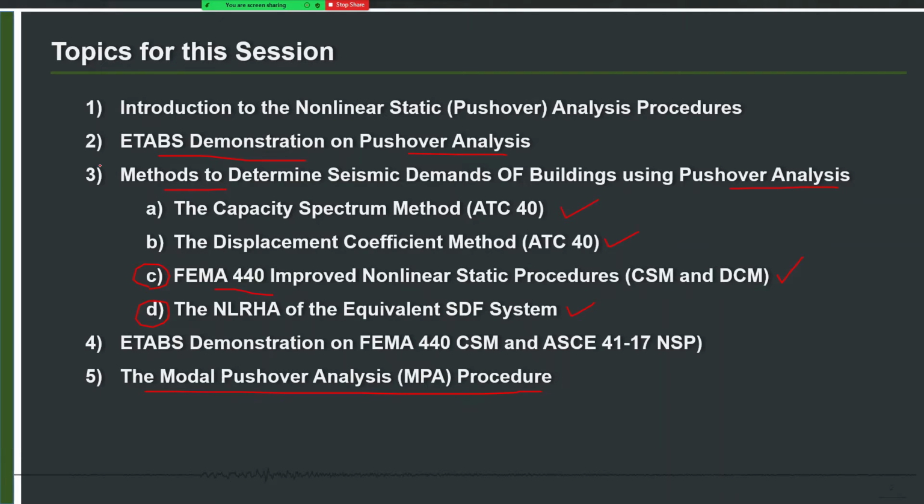So topic 3 will be primarily based on the conventional first mode shape pushover methods, but topic 5 will actually be the multi-mode pushover analysis.